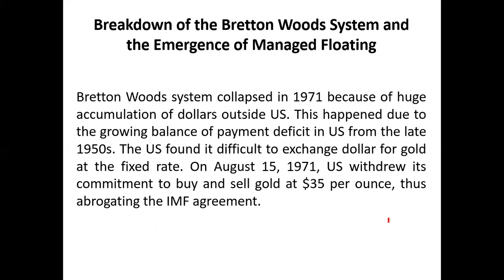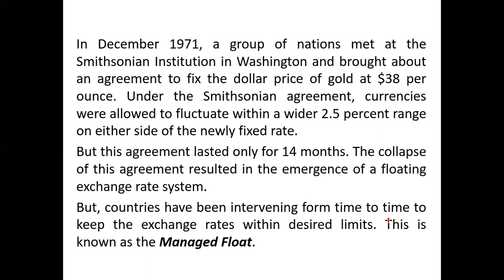From $35 per ounce, they raised it to $38 per ounce. Under the Smithsonian agreement, currencies were allowed to fluctuate within a wider 2.5% range on either side. So a 2.5% change could be made.